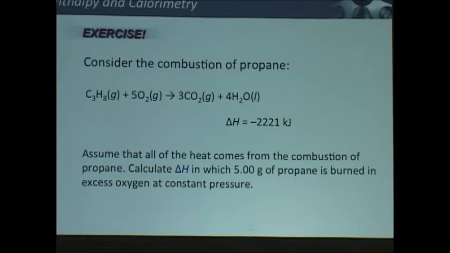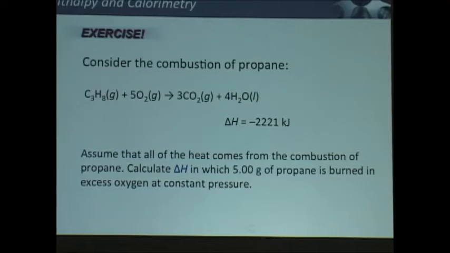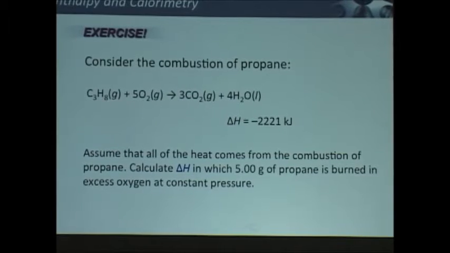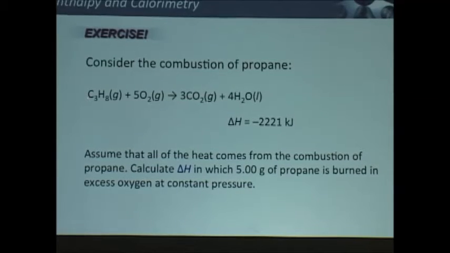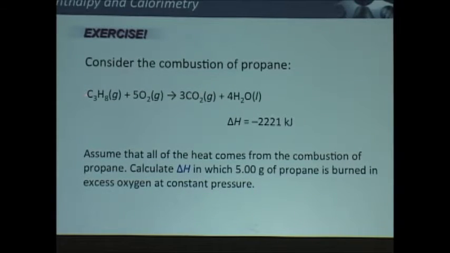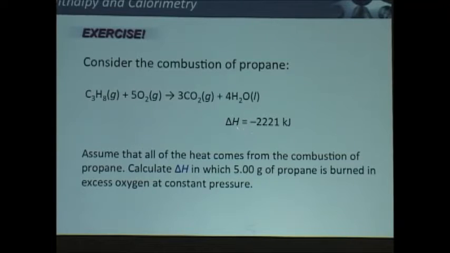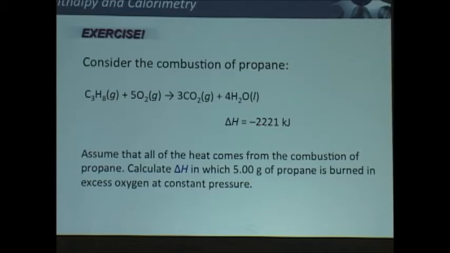Now, according to the equation, the enthalpy change is 2,221 kilojoules. That essentially is related to the amount of propane burned. So again, here we're going to look at the stoichiometry and use that in order to relate to the quantity of energy. For example, if you burn 1 mole of propane, that will release 2,221 kilojoules.